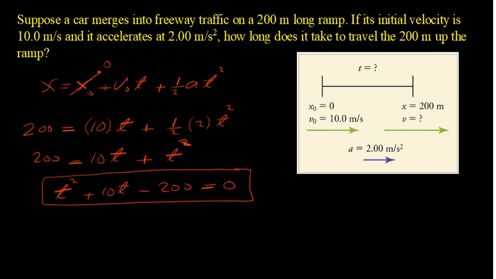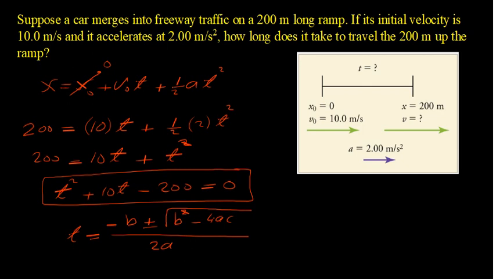And we know in mathematics, to solve quadratic equations, we can find t, which is the unknown we need to find, using minus b plus or minus the square root of b squared minus 4ac, all divided by 2a.